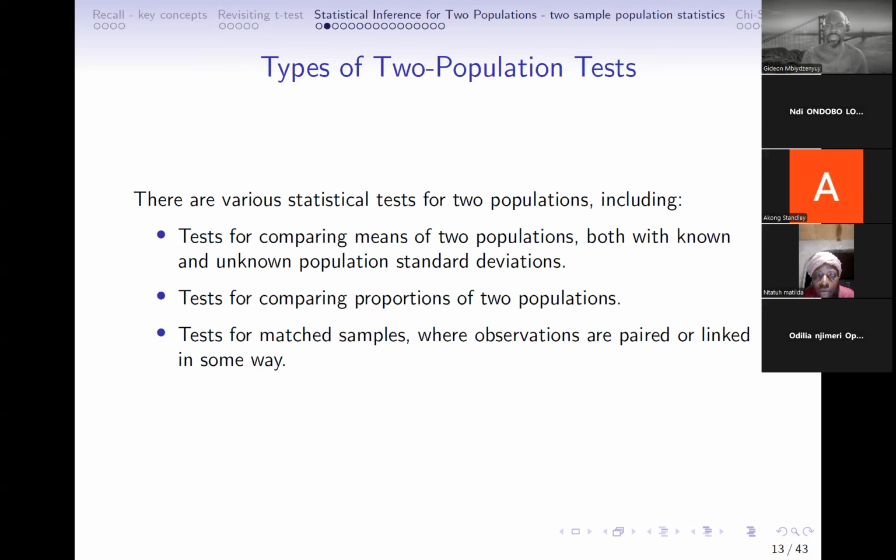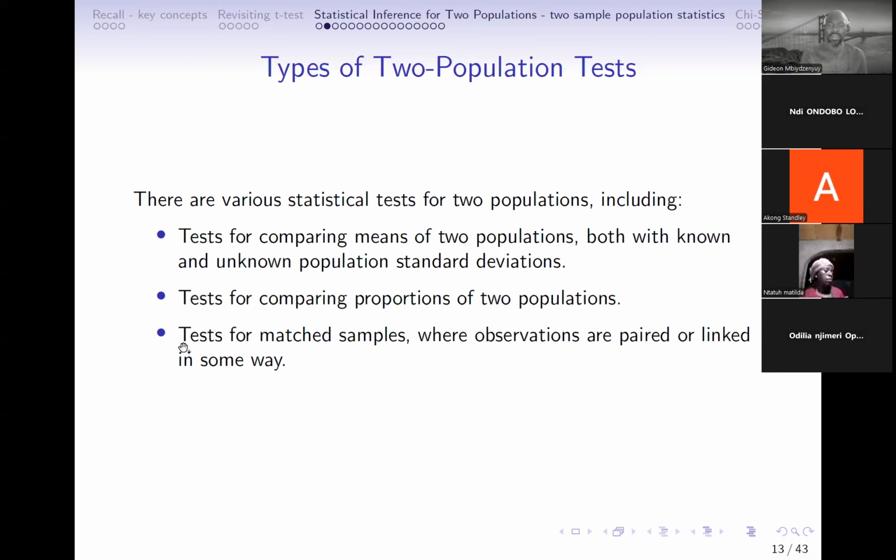Do we know or do we not know the standard deviation for these two populations? It is not enough to know just one. If we do, it will influence the way we are going to compare these two groups. We would also test for comparing the proportions, not just the means, of the two populations.